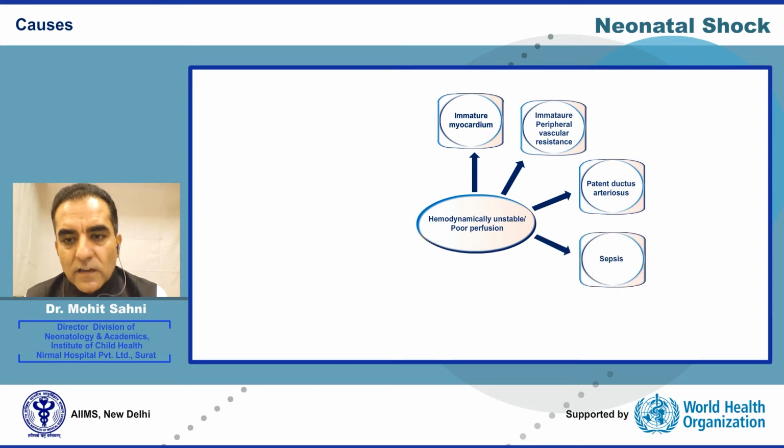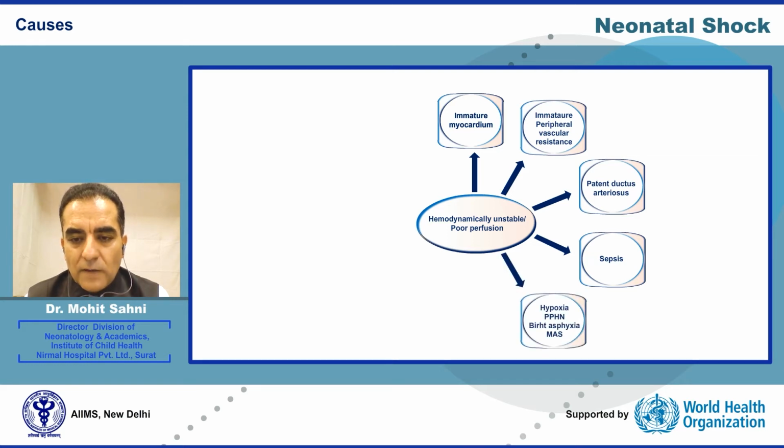Sepsis itself can cause disruption in the myocardial functions and vascular autoregulation. Hypoxia because of meconium or perinatal asphyxia will lead to myocardial dysfunction and cause PPHN, which further leads to dysfunction of the ventricles. Myocardial dysfunction may be because of a metabolic cause or a septic cause.